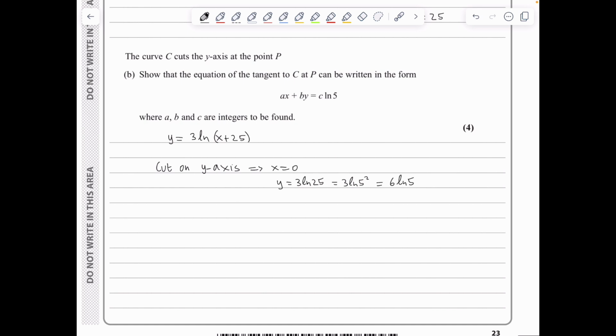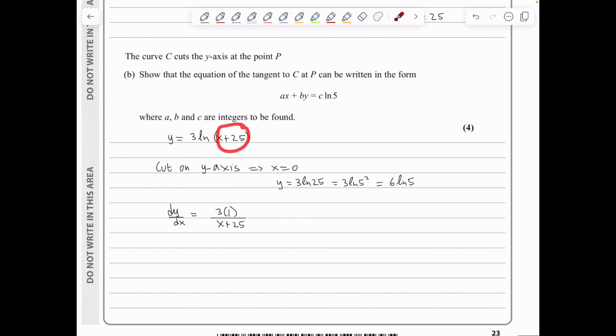Now we're looking for the equation of the tangent, so I will need to differentiate. So dy dx will be found by differentiating the inside. The derivative of x plus 25 is 1. So it's 3 times 1 over x plus 25, because when I differentiate with the ln, it's the derivative of the inside over whatever is inside.